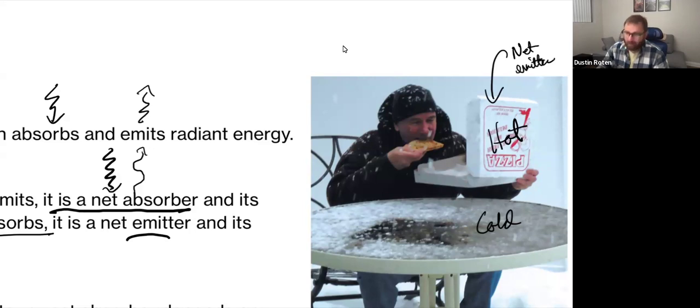So what's going to happen is it's going to slowly get colder because it's a net emitter. And then the surroundings are going to slowly get warmer. So the table here would be a net absorber, warming up.